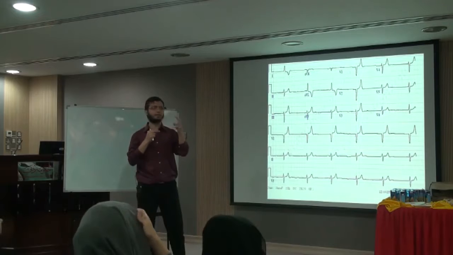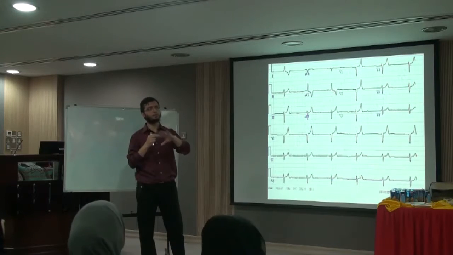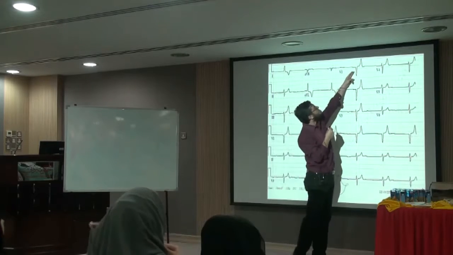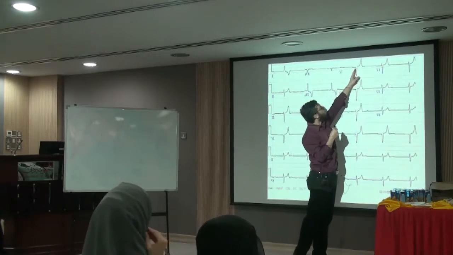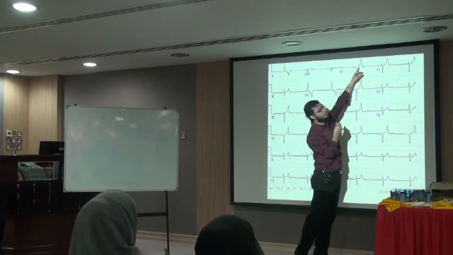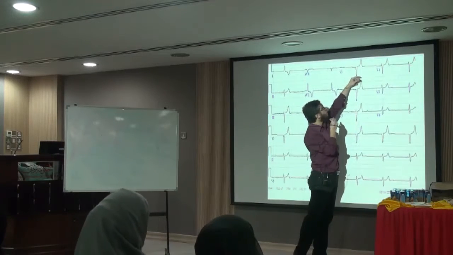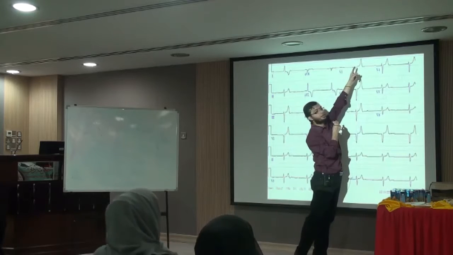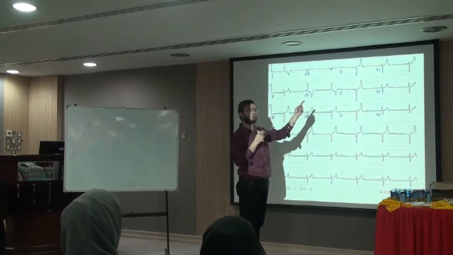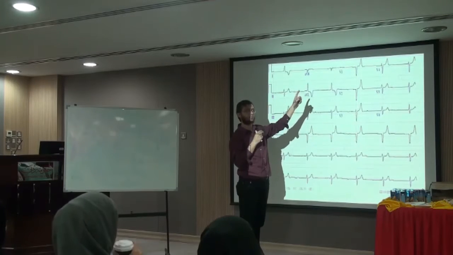If they are going against each other, in different directions, discordant. So the complex here is negative. If this is a normal complex, you expect the T wave to also be negative because we are in V1. But the T wave is going the other way. So this is a sign that this is a ventricular beat, a wide complex.